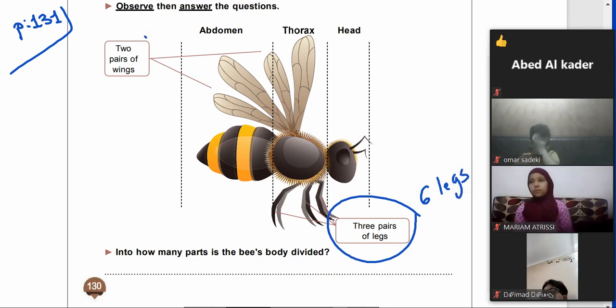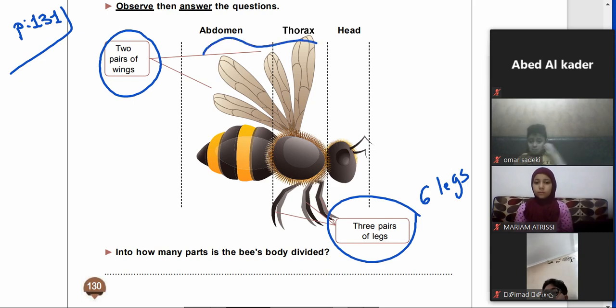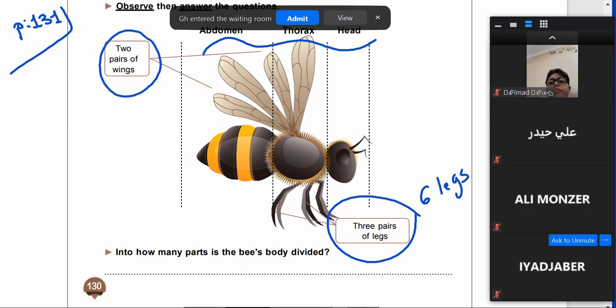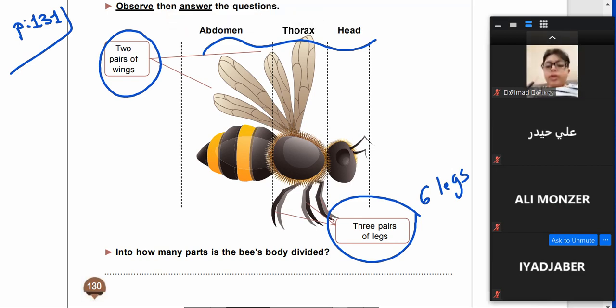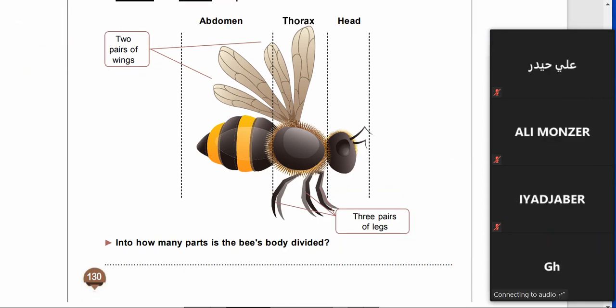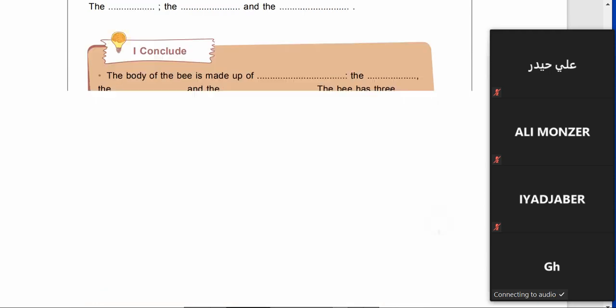It has 2 pairs of wings and 3 body parts. So if an invertebrate has the following properties, it means that this invertebrate is an insect. So the bee is an insect because it has the following characteristics.